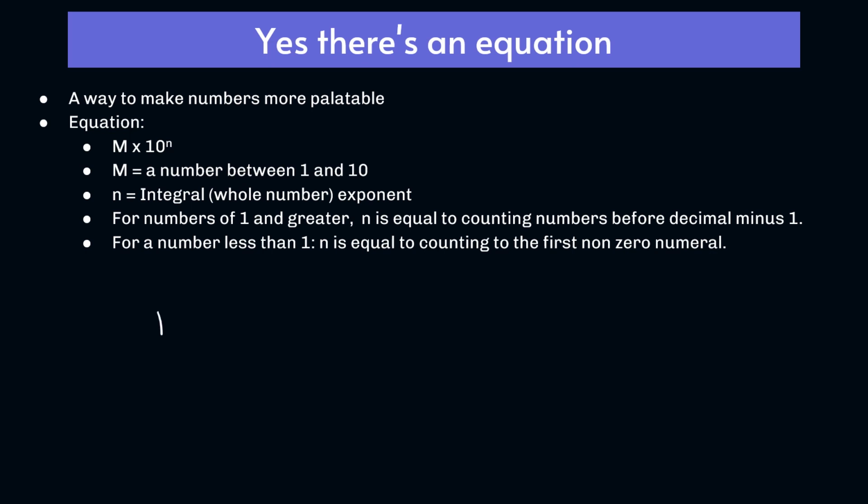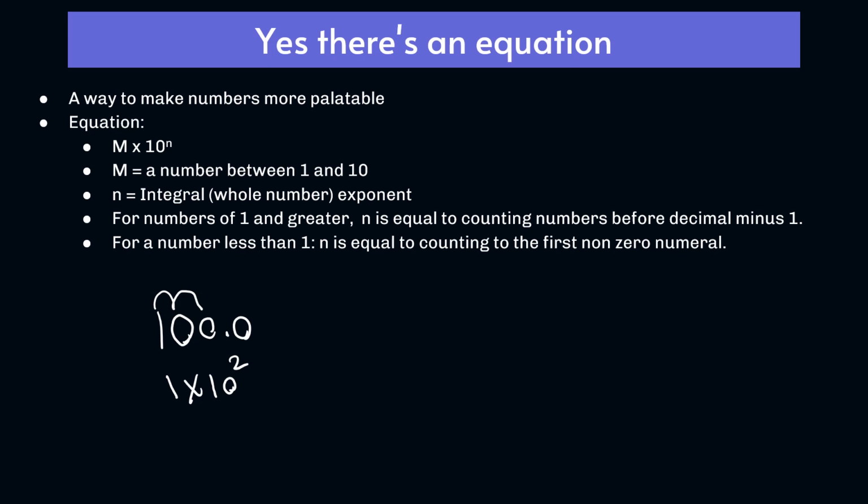Say if you had 100, there's always going to be a decimal after the last 0, so you'd have 3 numerals before the decimal, and then this would end up being 1 times 10 to the second in scientific notation. Again, because you have 3 numbers before the decimal, and then you just subtract 1 and end up with 1 times 10 to the second.